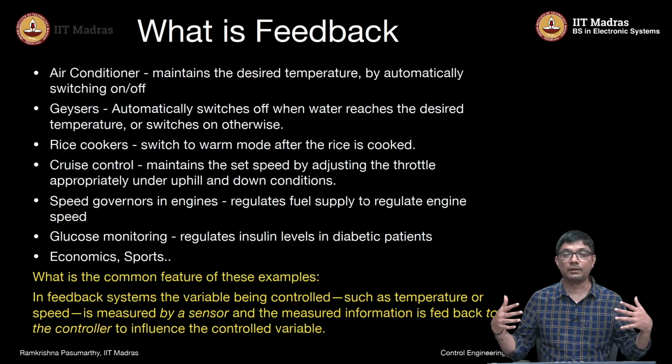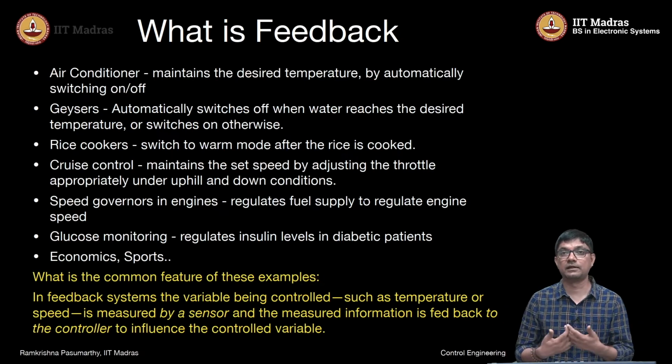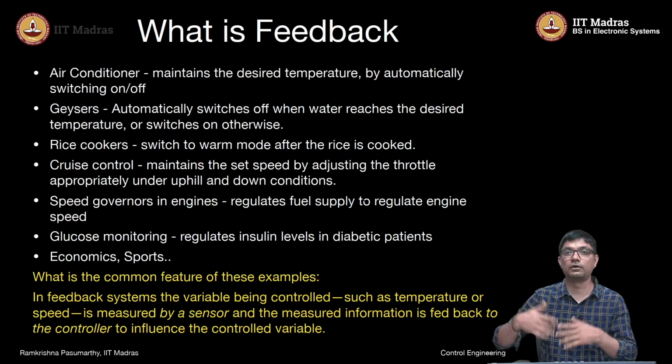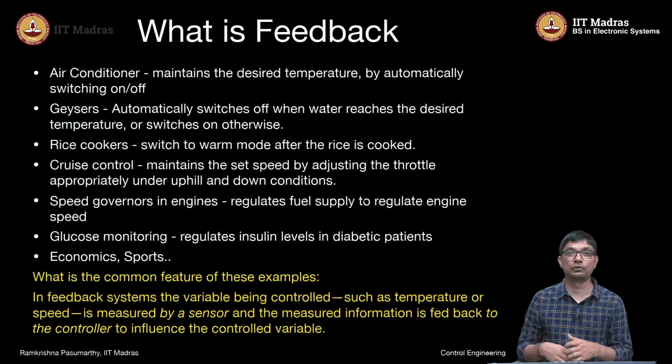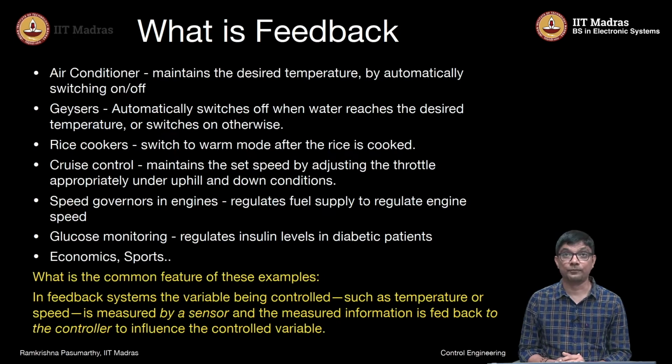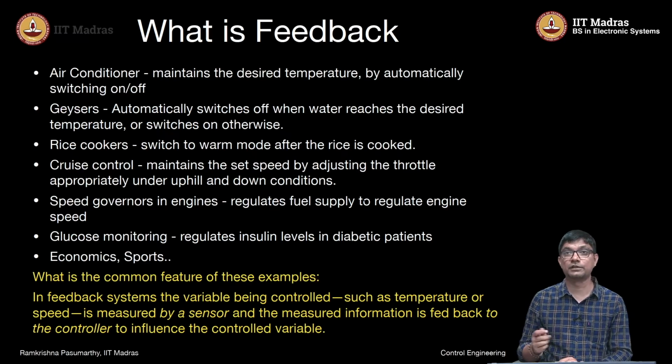When the temperature reaches the desired, the air conditioner switches off. If it's below, it again pumps in, if it's above, it pumps in more cool air to cool down the room. Geysers automatically switch off when the water reaches the desired temperature. Rice cookers also switch to warm mode after the rice is cooked.